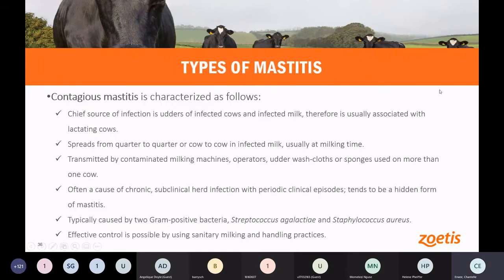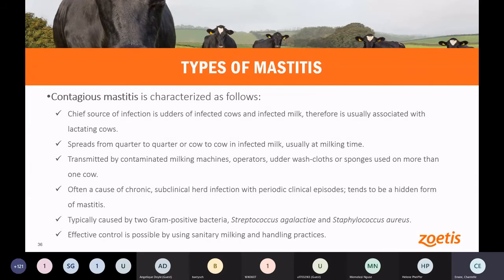Right, so when we look at contagious mastitis, we often characterize it as spread from quarter to quarter or cow to cow in infected milk, and it's usually at milking time. The source of infection is the udder of infected cows, and it's transmitted by the milking machine or the operators through their hands, washcloths, sponges, or anything that they use without proper hygienic measures between animals.